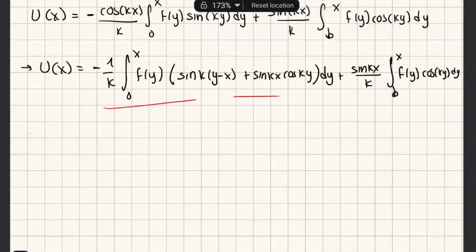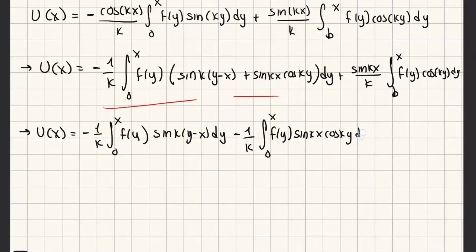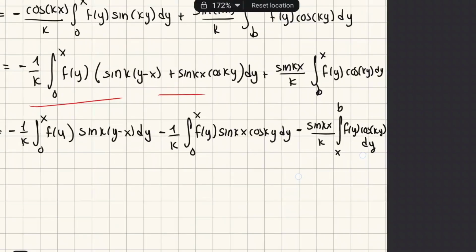So if we do that, we are going to get that u of x is equal to minus 1 divided by k, the integral from 0 to x, f of y, sine of k times (y minus x) dy, minus 1 divided by k, the integral from 0 to x of f of y, sine kx cosine ky dy, and then minus sine kx divided by k, the integral from x to b of f of y cosine of ky dy.